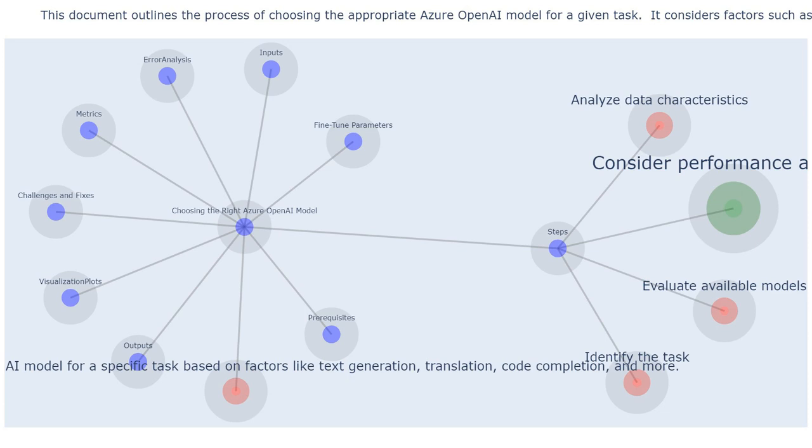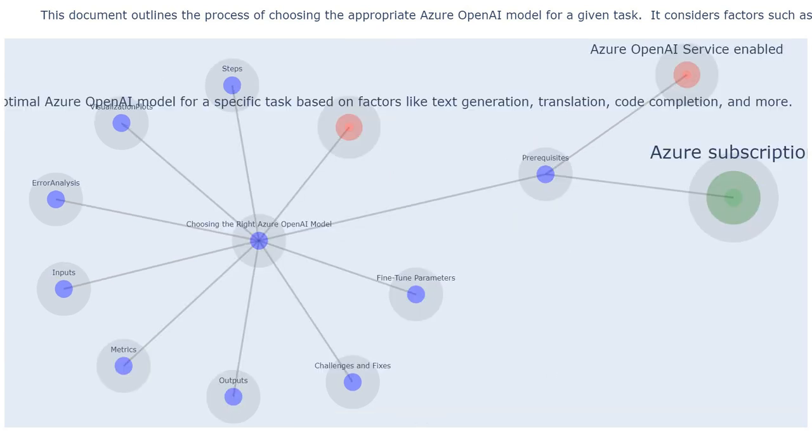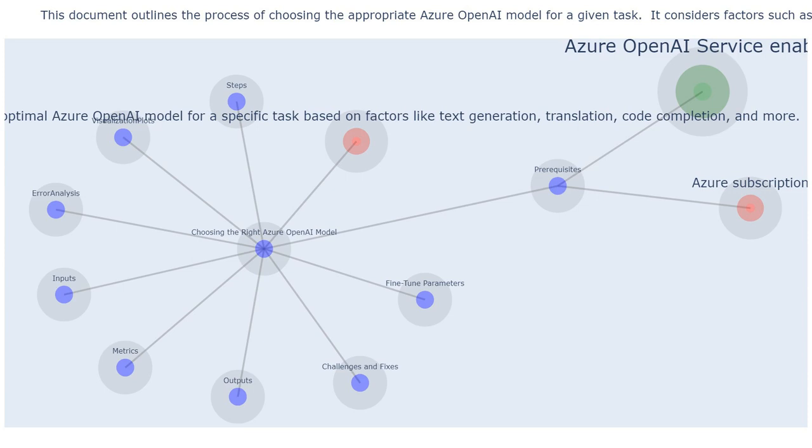This will involve evaluating metrics like accuracy, fluency, speed, and pricing structures. Prerequisites. An active Azure subscription is needed to access and utilize the Azure OpenAI service. The Azure OpenAI service must be enabled within the Azure subscription. This involves creating an Azure OpenAI resource and setting up the necessary configurations.